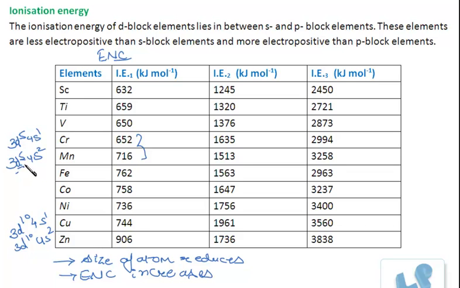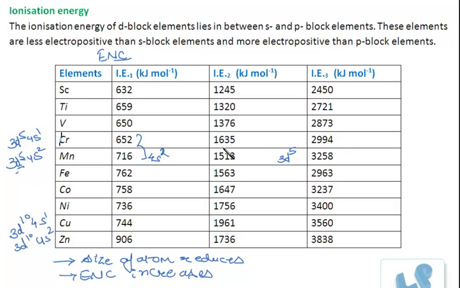After the second electron, what has been removed? What does the configuration of manganese become? It becomes 3d5. So the electron now is to be removed from the stable d orbital. In the first case, it is removed from the 4s orbital, 4s2, so the ionization energy is more.